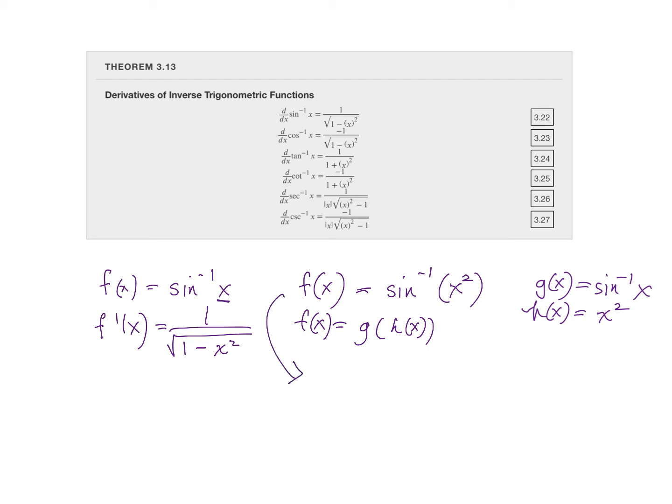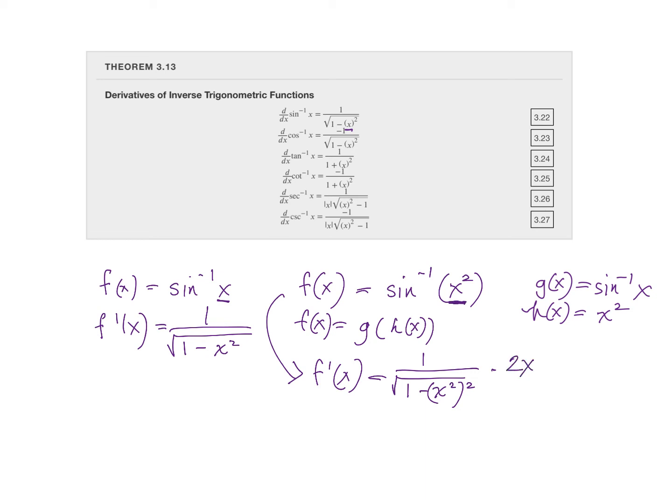So if we wanted to find f prime of x, you would apply this formula and you would go 1 over the square root of 1 minus x squared, right? This is what is in the place of x up here, right? So it's going to be x squared, and then times the derivative of that inside function. So it's going to be times 2x.